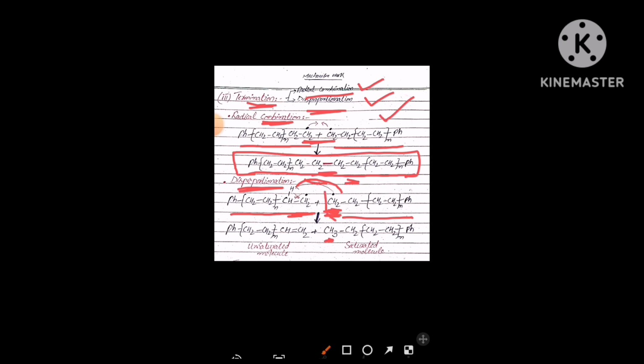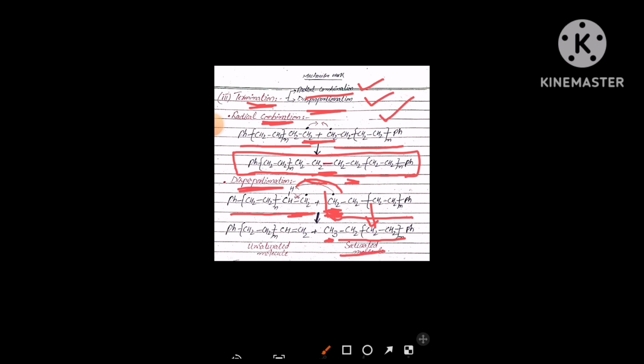So this is a CH3 and the chain is the same as the other above. The only change is that this CH2 picks the hydrogen from this terminal position, and this is a saturated molecule.